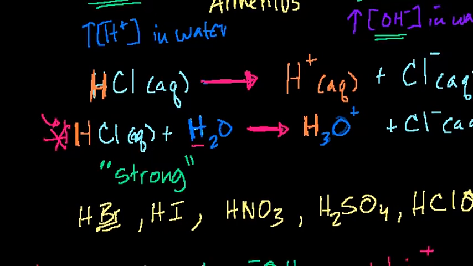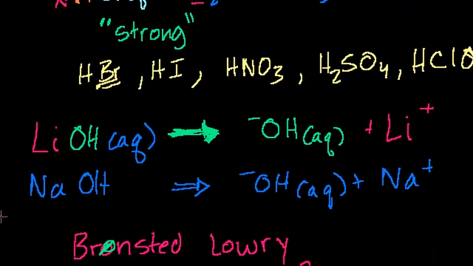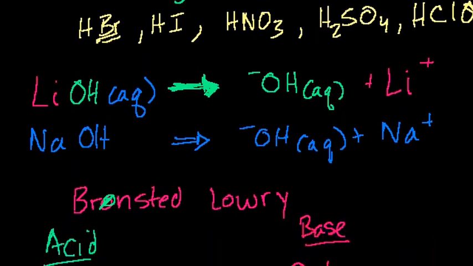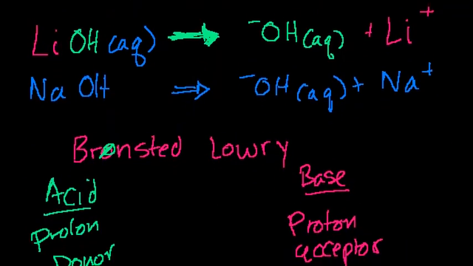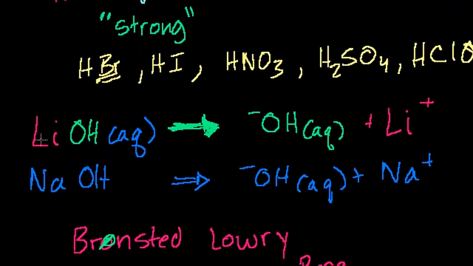Let's see the Bronsted-Lowry version of a base. A base is a proton acceptor. So this guy had this nice little relationship with this hydroxide ion. The hydroxide ion got dissociated, and it becomes a little bit fungible right here.